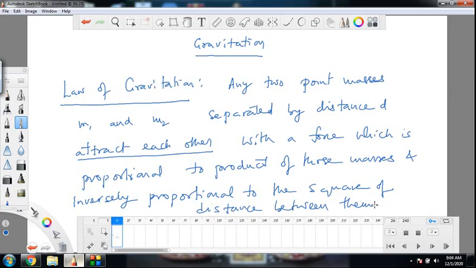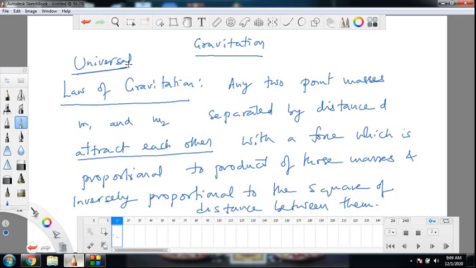This is the statement for the law of gravitation, which is also called the universal law of gravitation, because the statement which I am giving works for any two point masses in the universe.